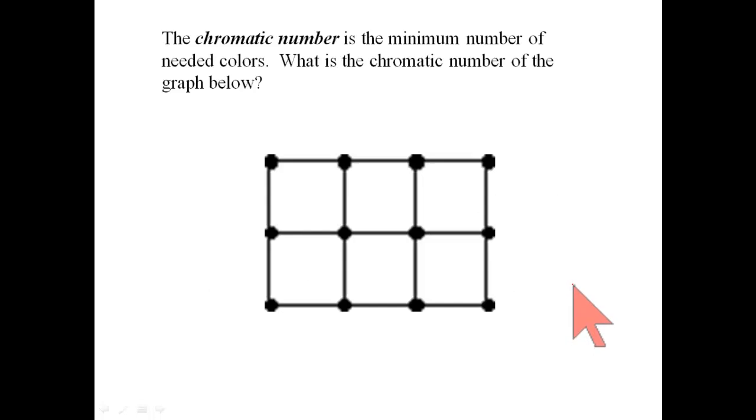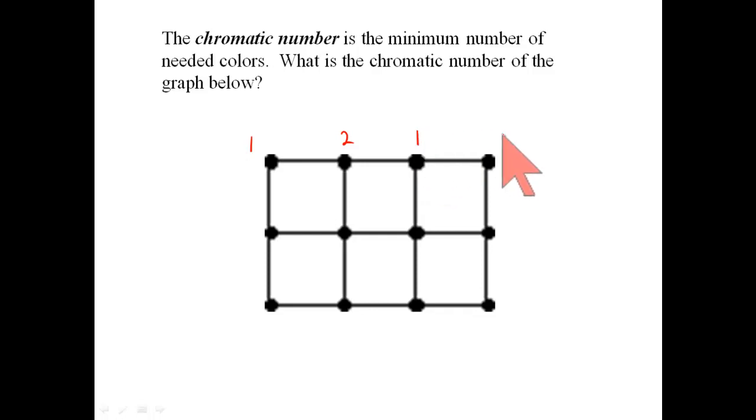Let's get back to graph coloring. Terminology, chromatic number. Let's say the chromatic number is the minimum number of colors needed to color a particular graph. So example, here's a graph. How many different colors do you need to color this graph? Well, let's see. Let's make this color number 1, 2, and then whenever I can, I'm going to reuse colors I've already done.